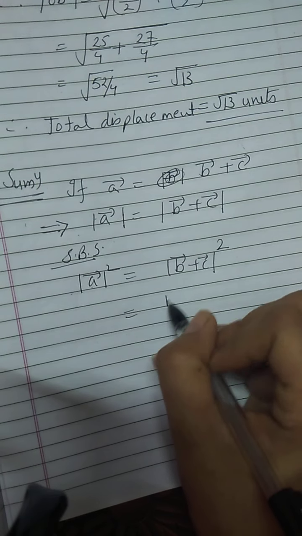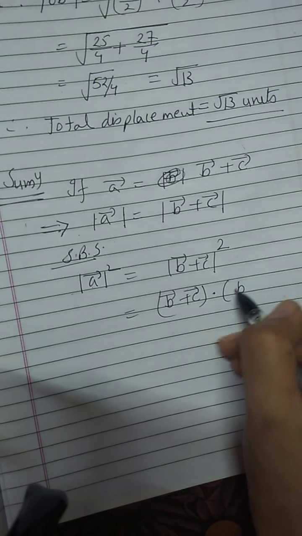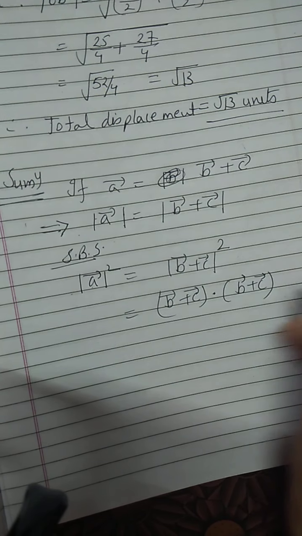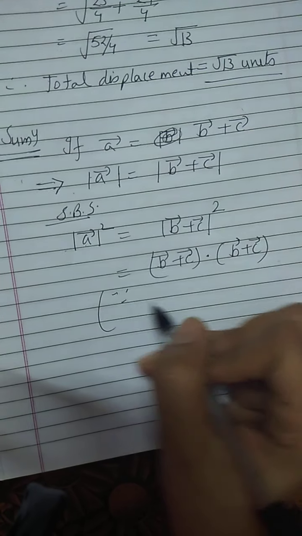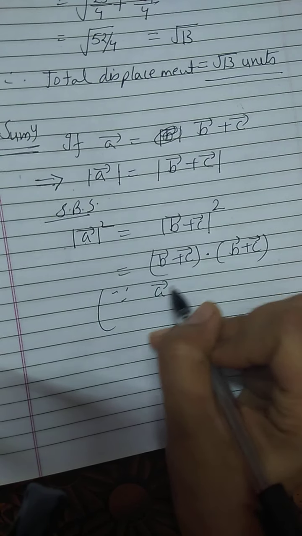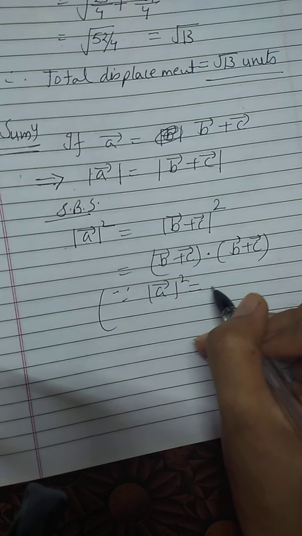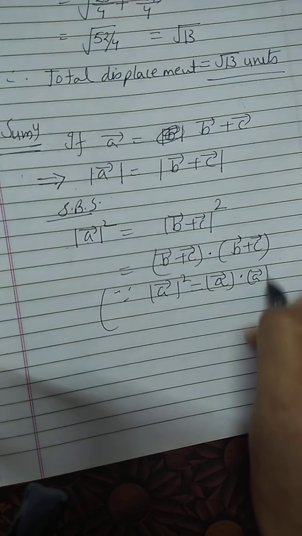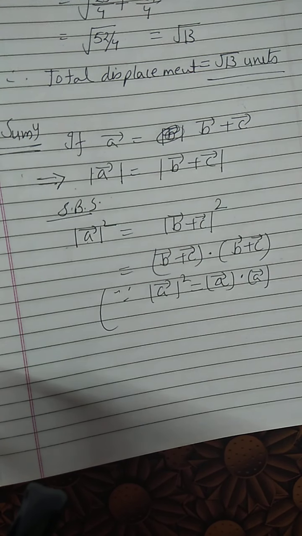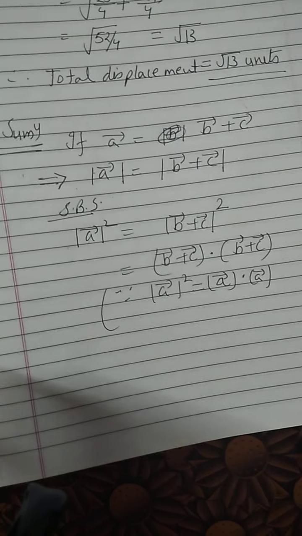So here it will be vector B plus vector C dot vector B plus vector C. Let me remind you how this comes: if this is any vector A, then vector A squared is equal to vector A dot vector A. So the magnitude of vector A squared is equal to the vector dotted with itself.